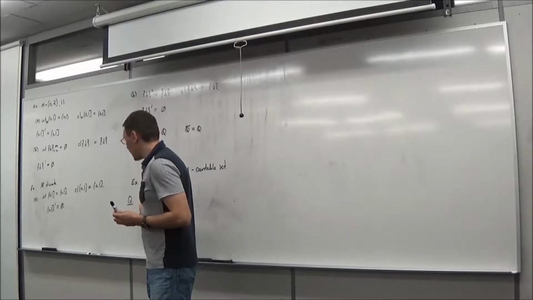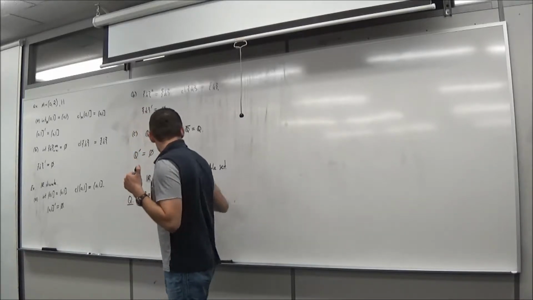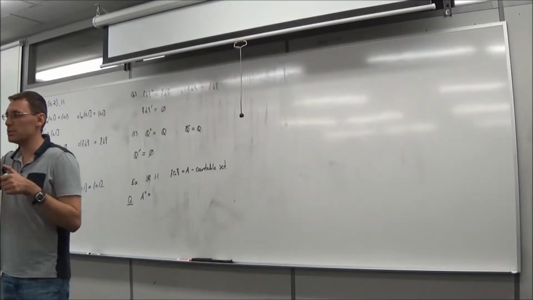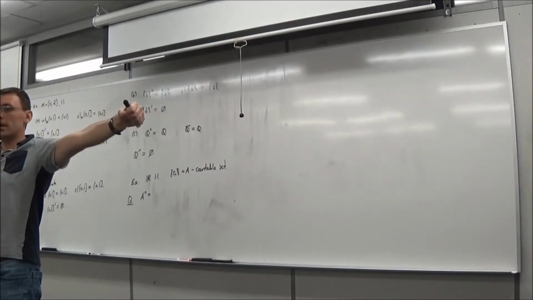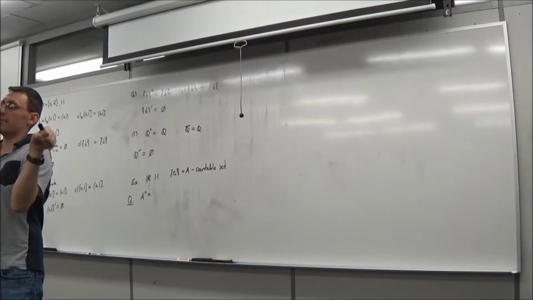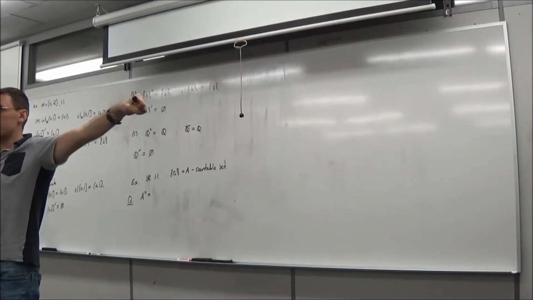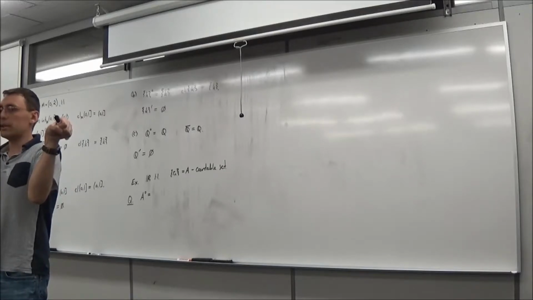Okay, so how can I verify what's in the interior? So this is a countable set. I pick a point, just any point in that countable set, and I try to form a neighborhood. So could I make the neighborhood small enough to protect that element? Why not? Because any interval will contain how many points?